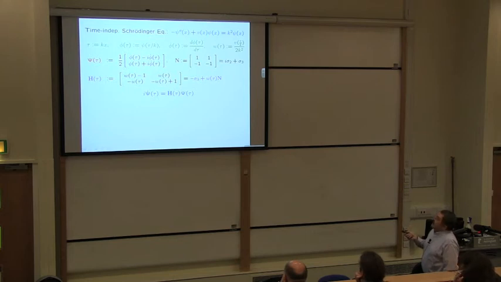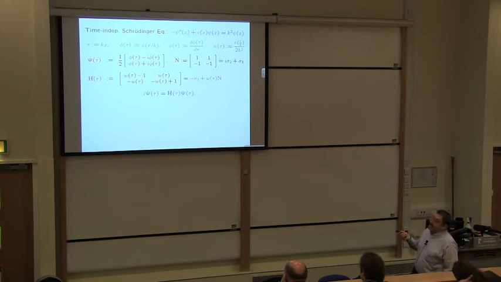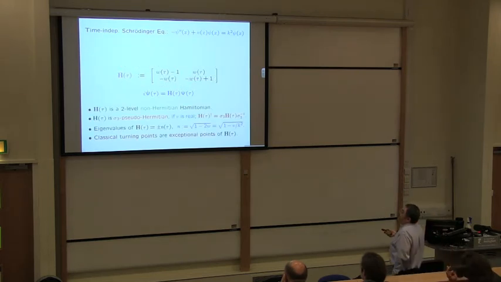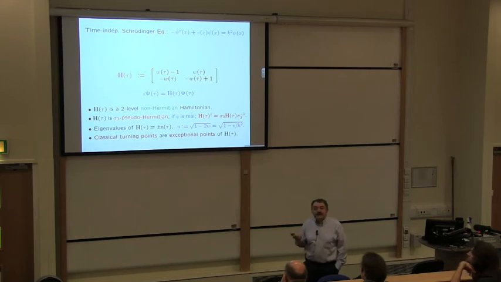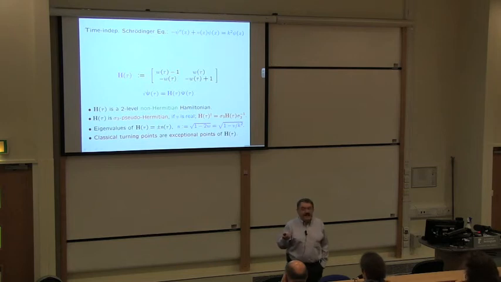The Hamiltonian is a 2 by 2 Hamiltonian, obviously, and it is obviously non-Hermitian. This W is a complex potential. Even for real potentials, it is not Hermitian. It's generically non-Hermitian. It's a two-level system, but if the potential is real, it becomes pseudo-Hermitian because it satisfies this equation. The eigenvalues are plus or minus n, which in optics becomes the refractive index.